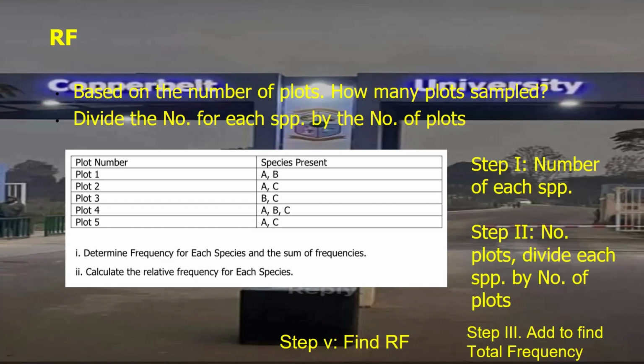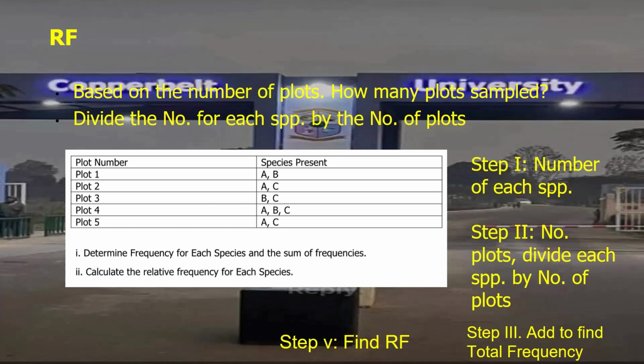I hope you are following through. You need to calculate alongside me so that you are not lost. For species C, we have 4/5, which is again giving us 0.8. So 4 divided by 5 gives 0.8. Now we are saying calculate the total frequency.